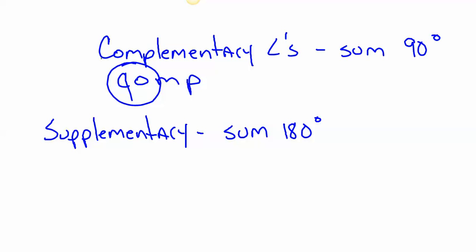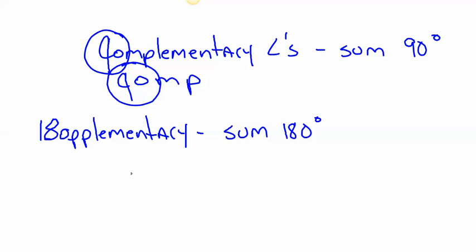And those angles have to add up to 90. The other ones add up to 180. And if you want, you can take the S and turn it into an 8, and the U and make it 180. Okay? Complementary angles add up to 90. Supplementary angles add up to 180.